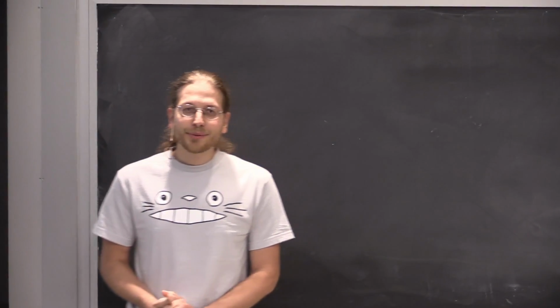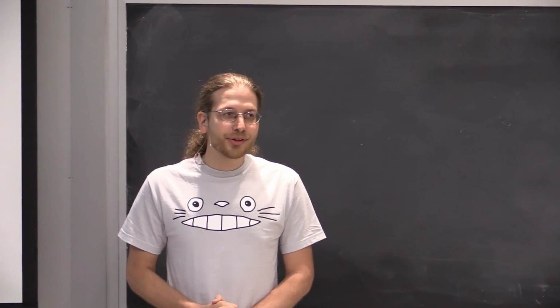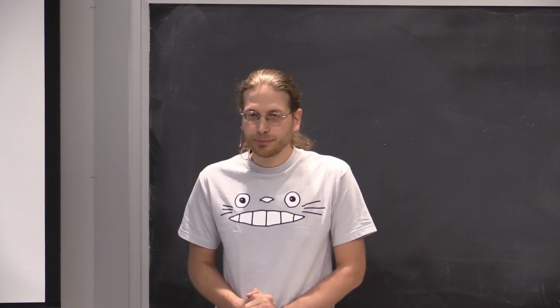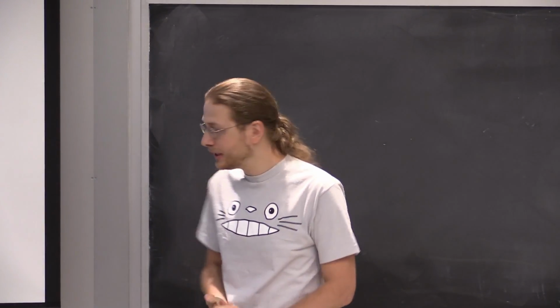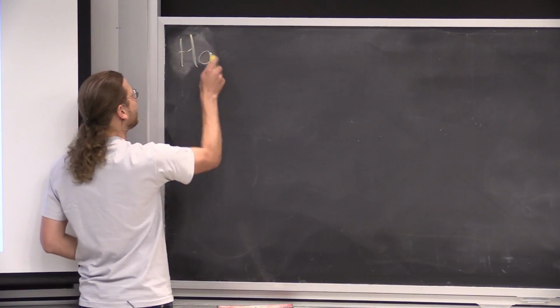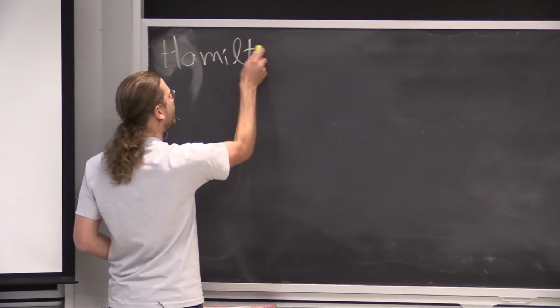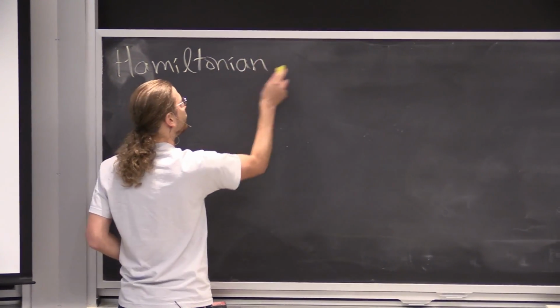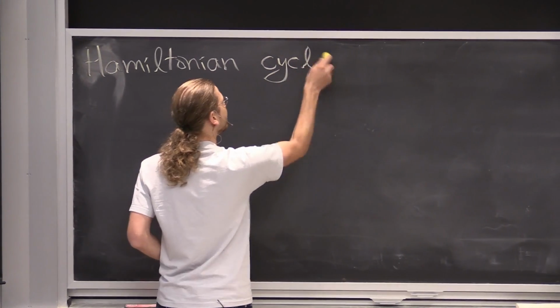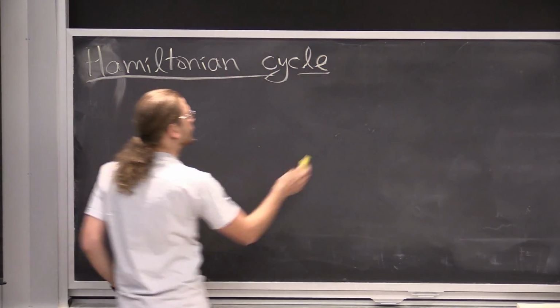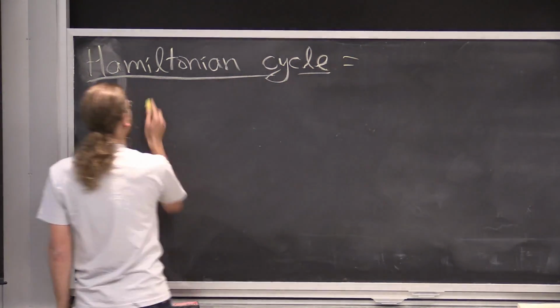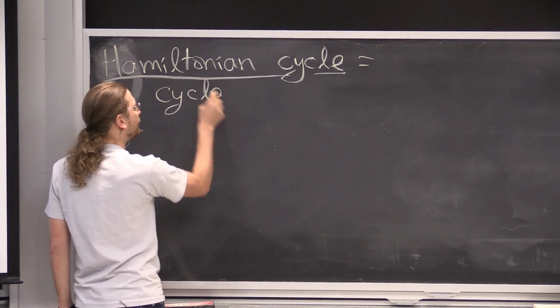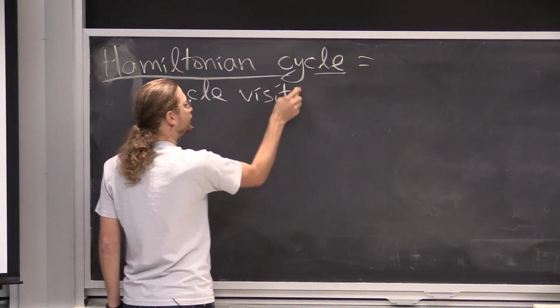All right, today we start a new section of NP-hardness. I think there'll just be one lecture about Hamiltonicity. So, Hamiltonian cycle and path. We've talked about these briefly, but a Hamiltonian cycle is just a cycle visiting every vertex exactly once.